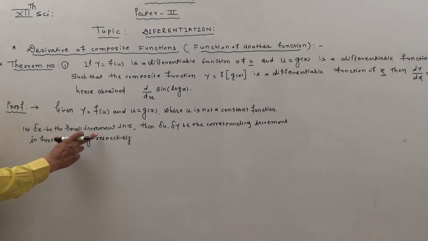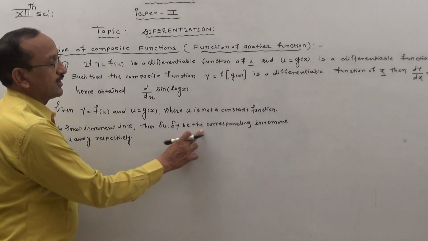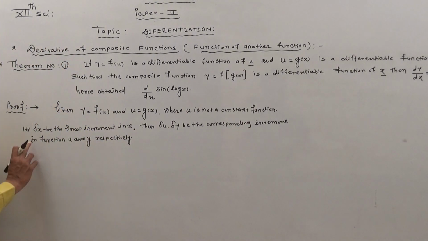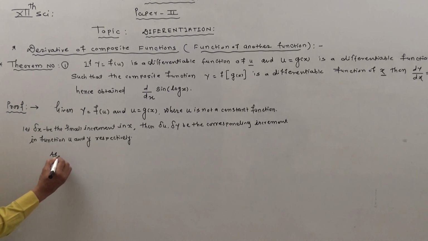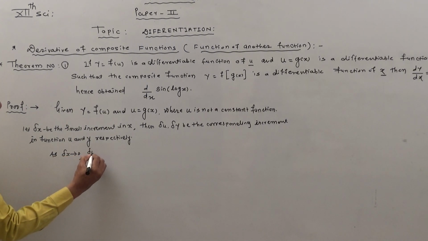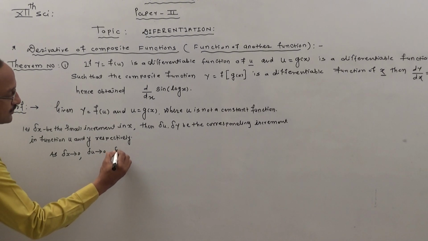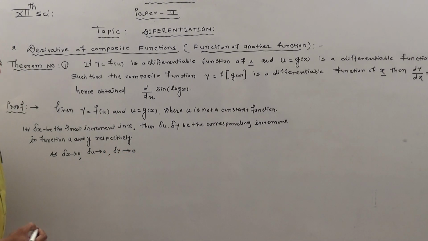So here, as delta x tends to 0, delta u tends to 0 and delta y also tends to 0.